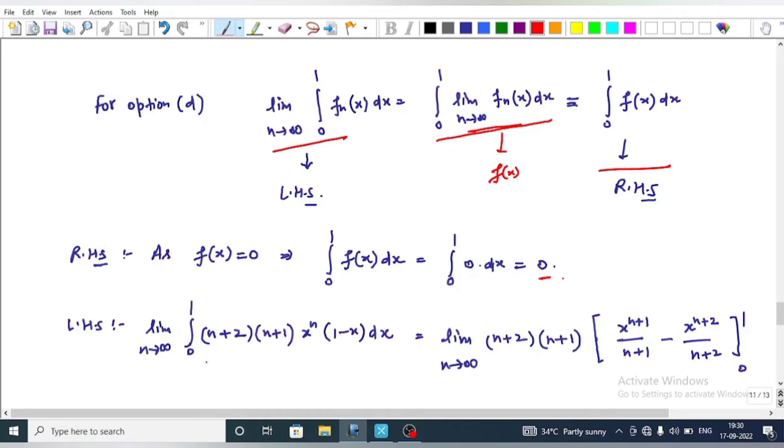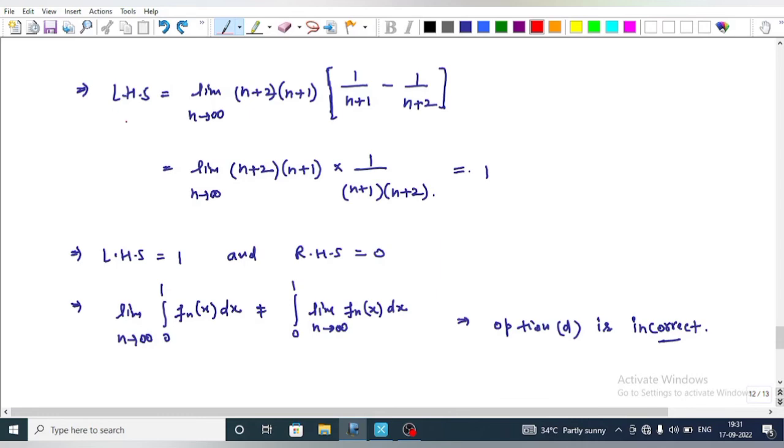Now come to the left hand side. Limit n tends to infinity integral 0 to 1 of (n plus 2) into (n plus 1) x power n into (1 minus x) dx is equal to limit n tends to infinity (n plus 2) into (n plus 1), because these are constants for this integral, since the integral is with respect to x. So the integral of x power n into (1 minus x) is equal to x power n plus 1 upon n plus 1 minus x power n plus 2 upon n plus 2, from 0 to 1.